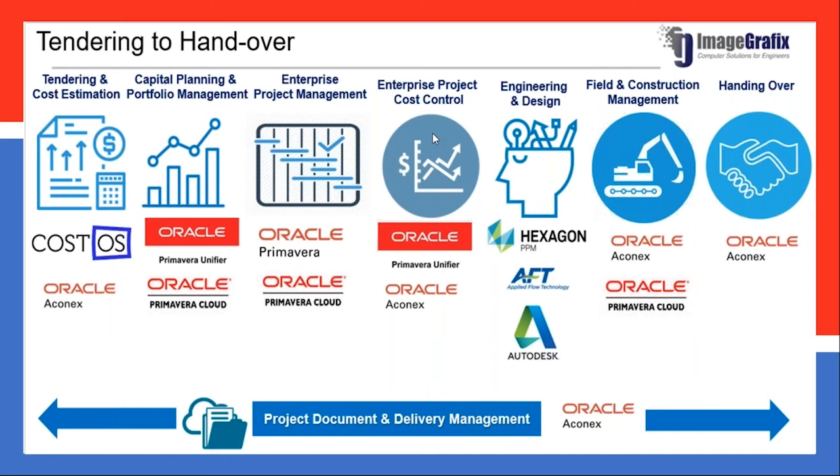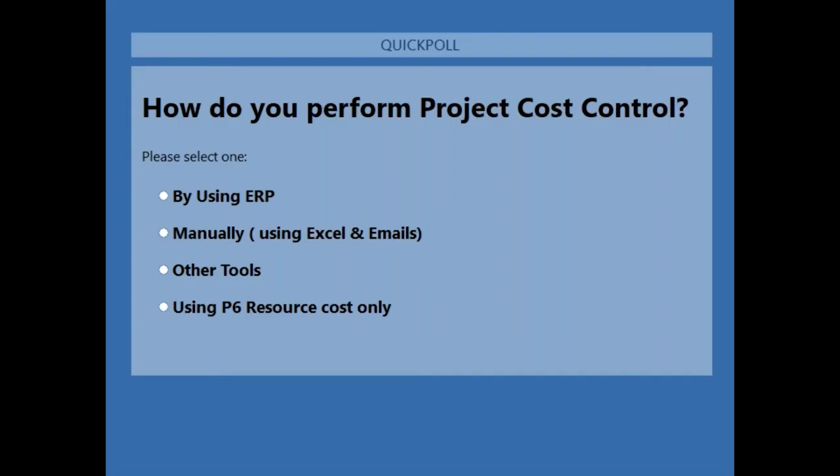That's project cost control in the construction industries. Before getting into that, I just want to launch a small poll, just trying to understand the current way you are doing it. Do you perform project cost control right now? If you are performing it, what are the options?